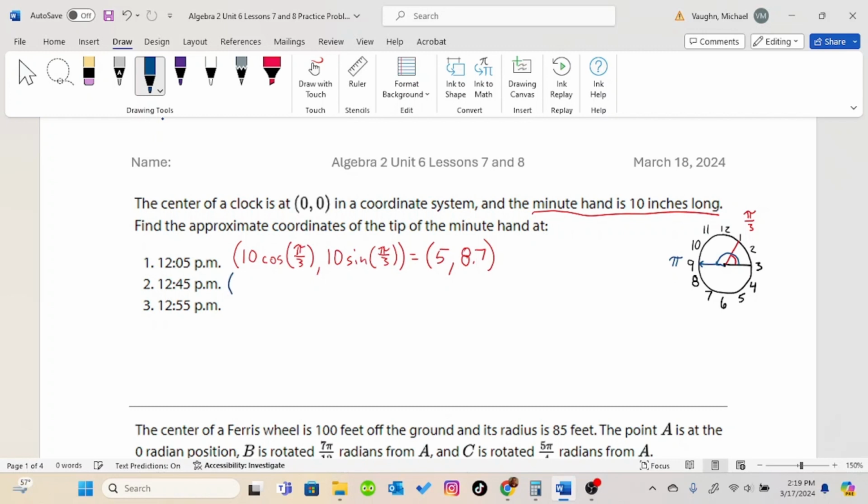So now we have 10 times the cosine of pi, 10 times sine of pi.